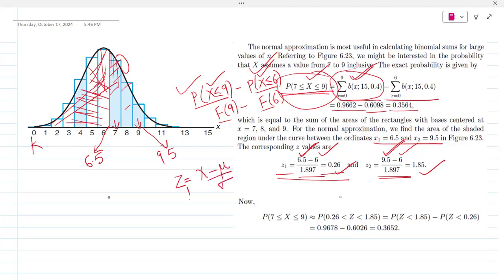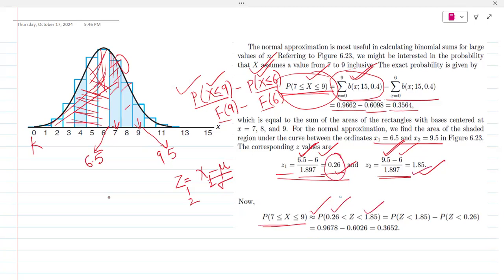So this probability is approximately equal to the area between this Z1 and this Z2.